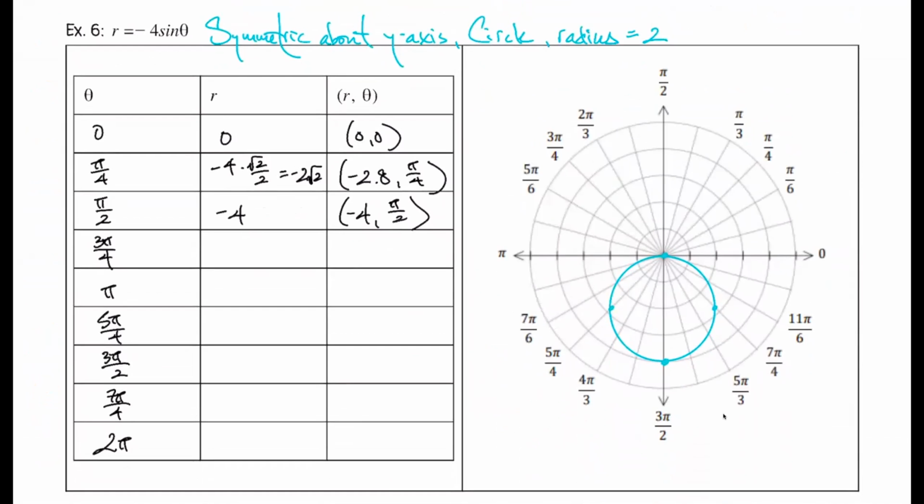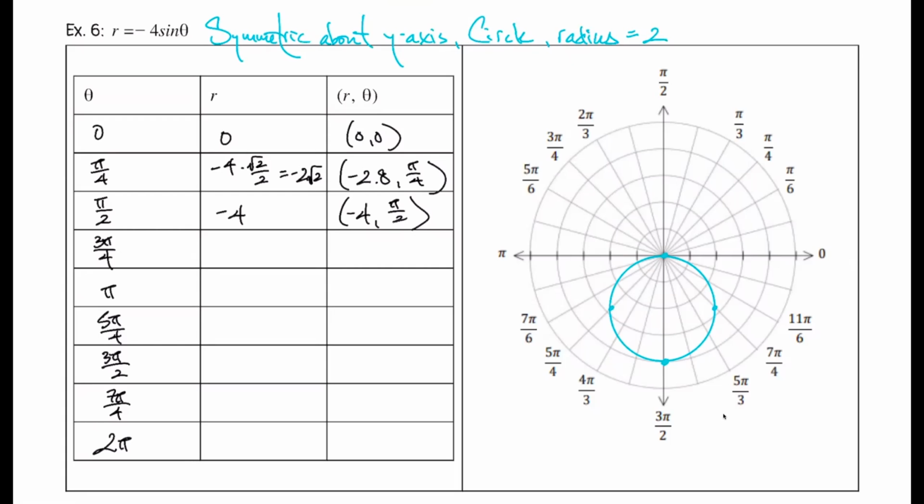But we sort of finished off saying the table can be very long and tedious, and what we want to do is maybe just try a few points to get the idea of what the shape is going to be. We didn't fill out the whole table for example number 6, but if we did, it would have given us more and more points on the blue circle that we have to the right.